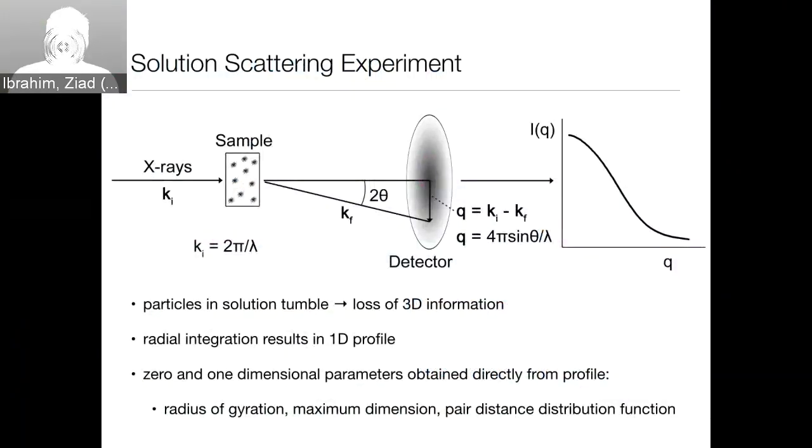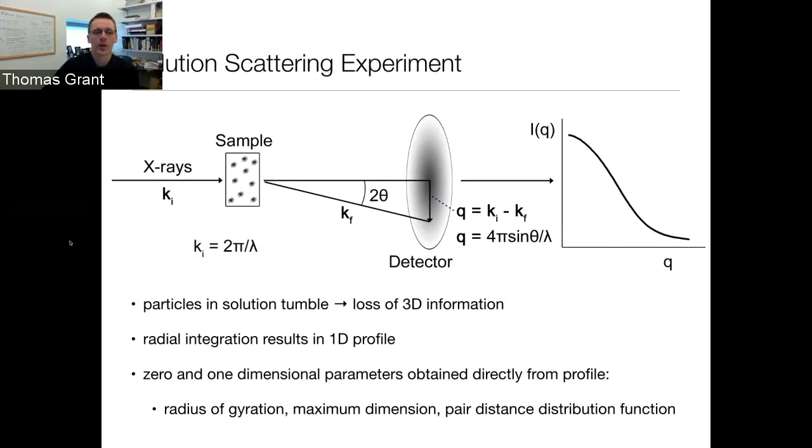So just to give some quick background, a solution scattering experiment is a pretty simple experiment where you have a solution of particles. Rather than being in a crystal or on some kind of grid, you have a solution of particles that are exposed to an incident beam of X-rays, typically from a synchrotron or from a lab source.